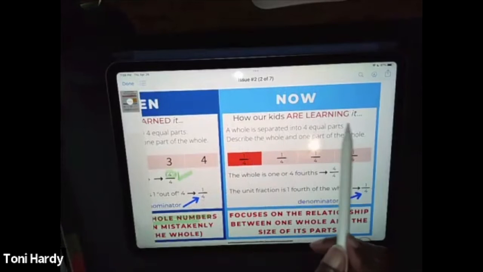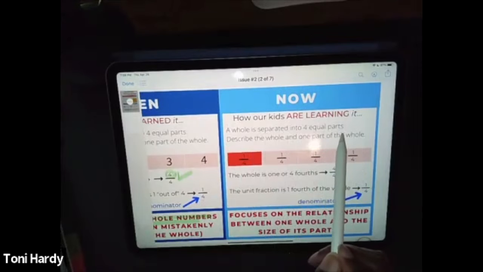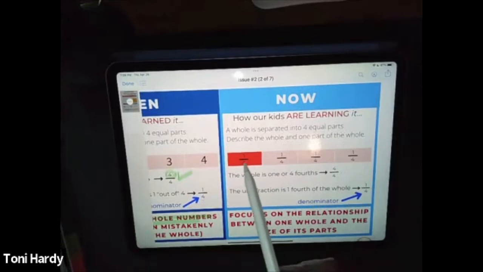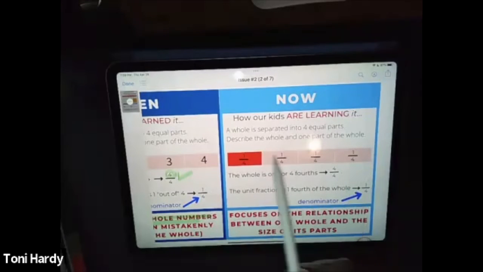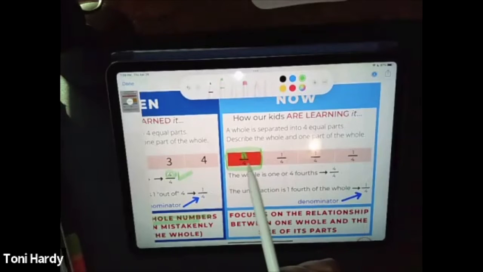So this is how our kids are learning it now. A whole is separated into 4 equal parts. Then they describe the whole and one part of the whole. So 1, 2, 3, 4 parts in the whole. And so this one part right here is 1/4, and that's the unit fraction. What you notice about 1/4 is that the numerator is a 1, which means that it's one part of the whole.